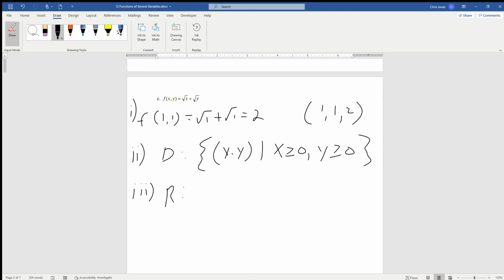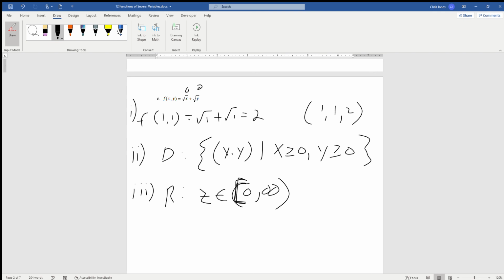Notice that we can never have any negative numbers as an output for this function. We could certainly have 0, because if we substitute 0 back in for x and y, that would be an output of 0. Every other ordered pair we substitute in is going to give us a value bigger than 0. So the range is that z is an element of 0 to infinity, and that should be a hard bracket.